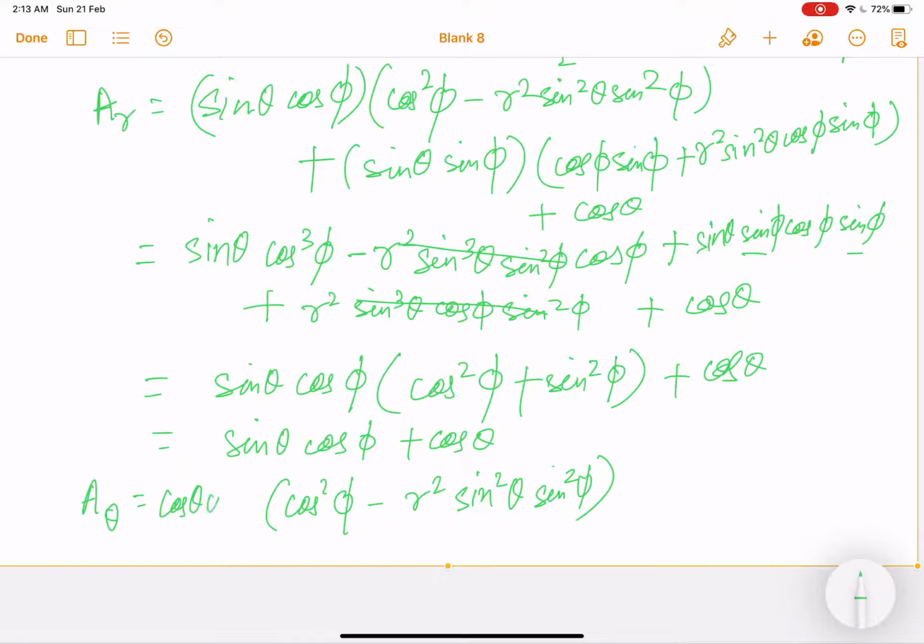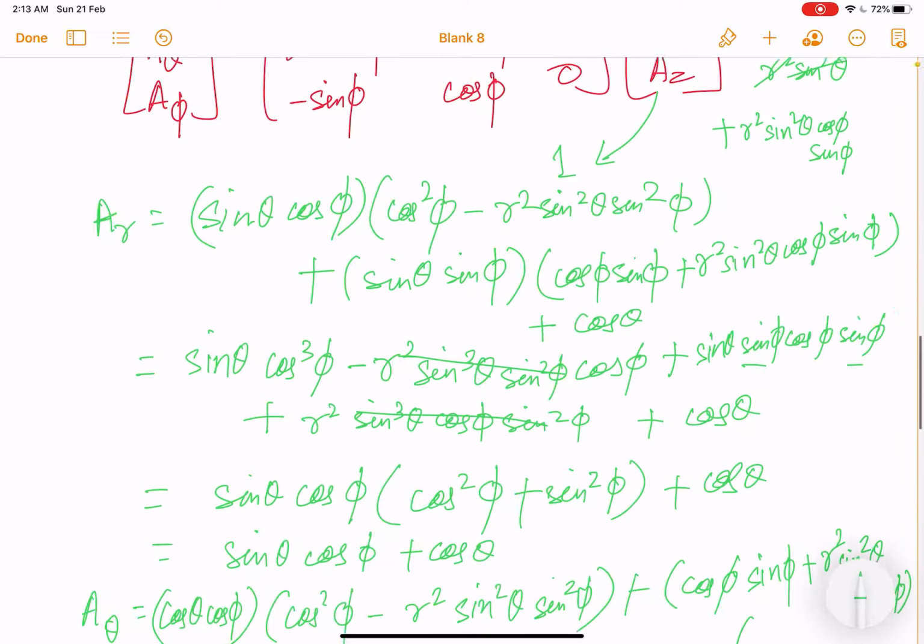Then next plus this term was what, cos phi sine phi. Do with me, okay? These are all drilling exercises for you. I am also getting drilled in the process.